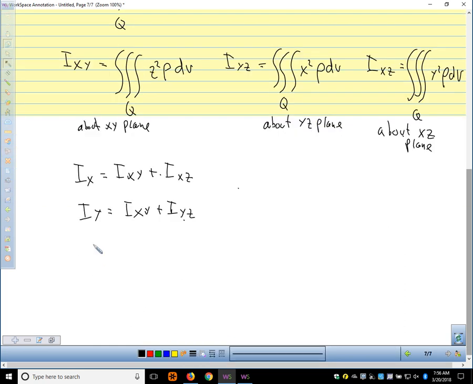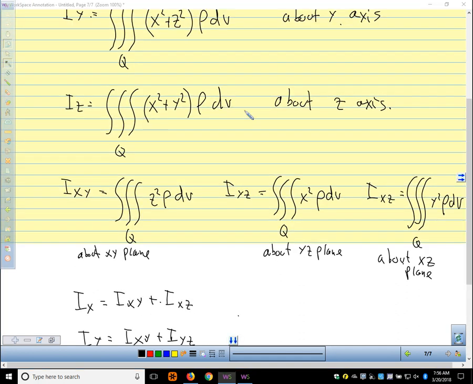And I sub z is I sub xz plus I sub yz. Sometimes using this can save a lot of effort because often these integrals are easier to evaluate than these integrals.